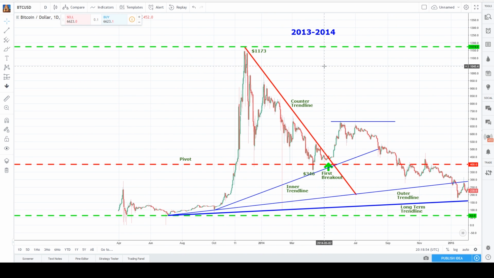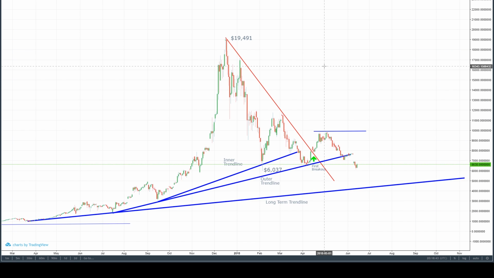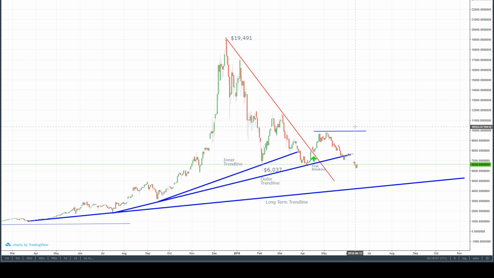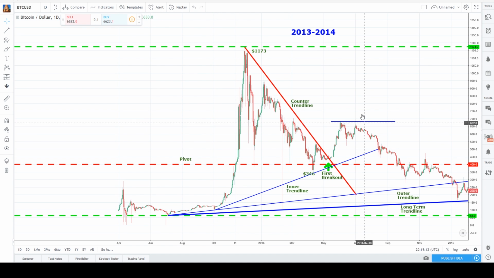Now we're going to jump to something very quickly, and this is 2013 and 2014. Do you see the differences? This is now. This is late 2013, all the way throughout 2014. Again, this is today, and this is two or three years ago.